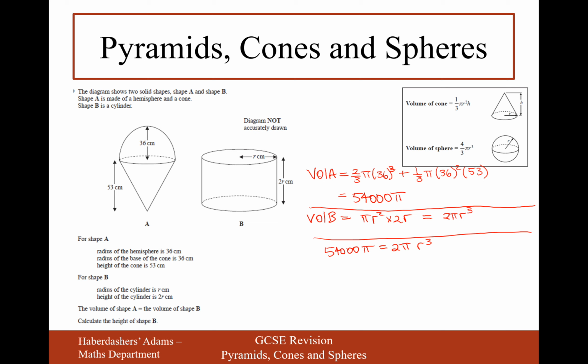So divide both sides by 2. 54,000 divided by 2 is 27,000. Cancel out the pi on both sides as well. Give us r cubed. So you can kind of sense where this might be going. Cube root both sides now. Cube root answer. And that gives us 30. So the height of shape B, the height will equal 60 centimetres in height.